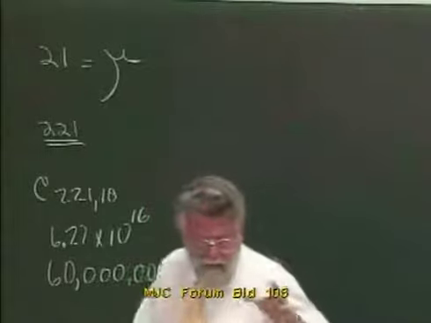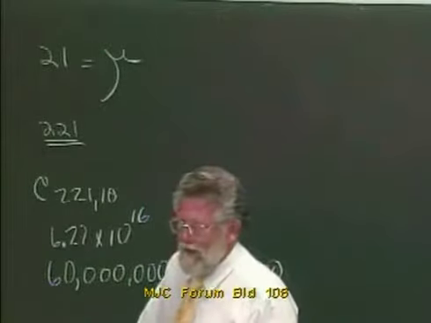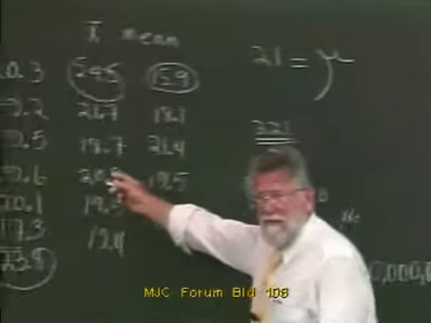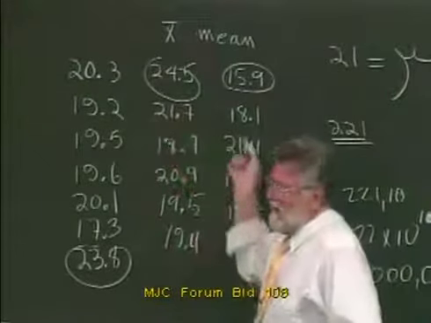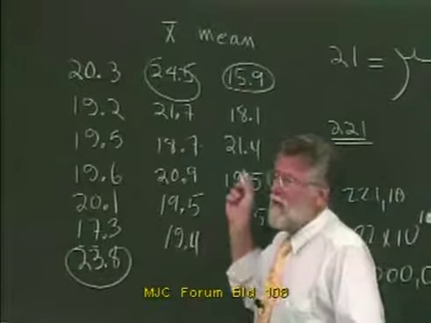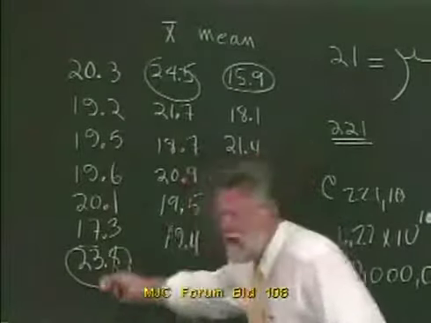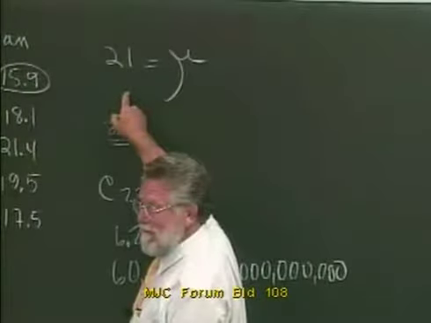But if instead of this biased sample you did a random sample, totally random, then as we move across, if you were to go ahead and try to find the average of all these 60 quadrillion, it would be that.